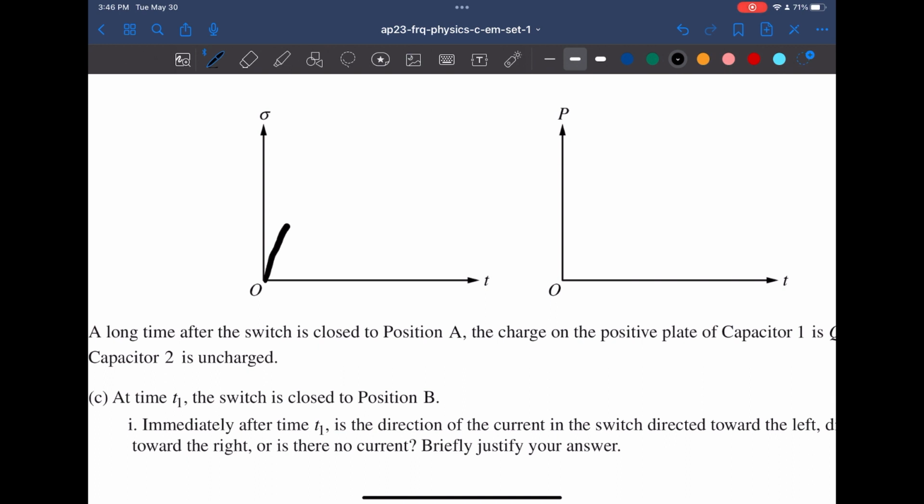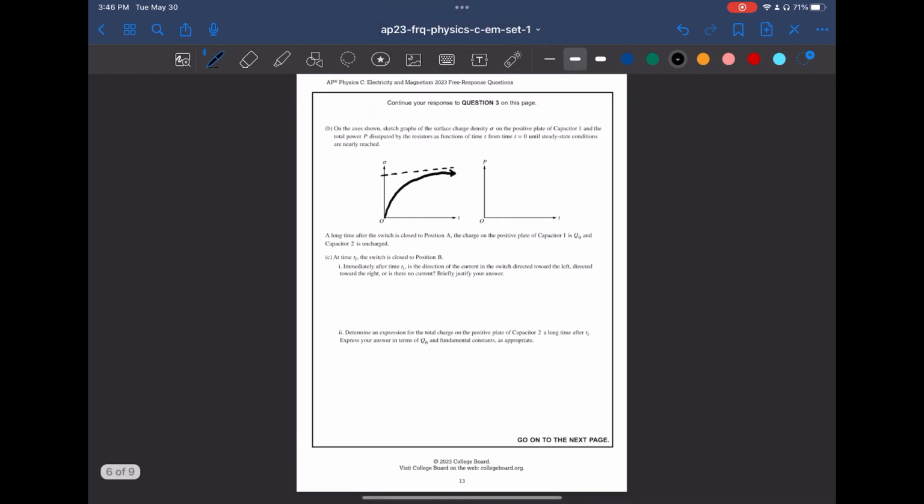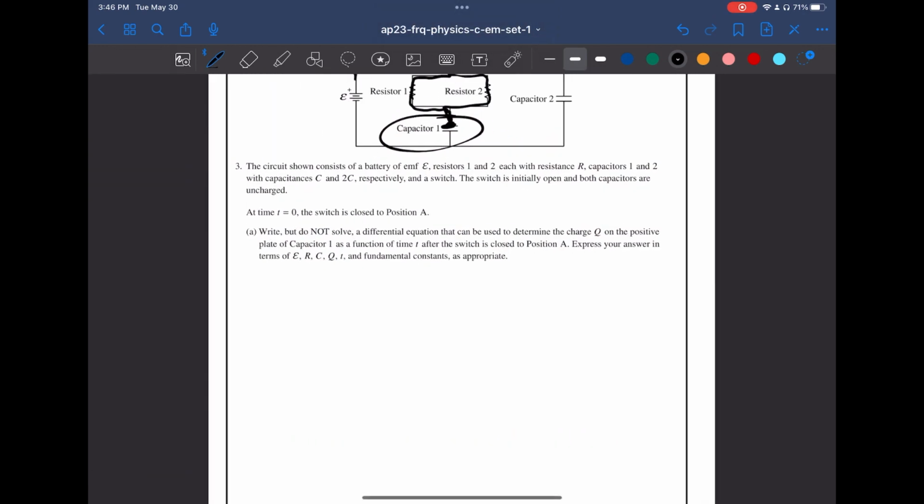So we're going to draw an increasing line that is concave down and has an asymptote. And to get full points on the exam, make sure you put an asymptote that they can see. That isn't really a straight asymptote, but for all intents and purposes, let's say it is.